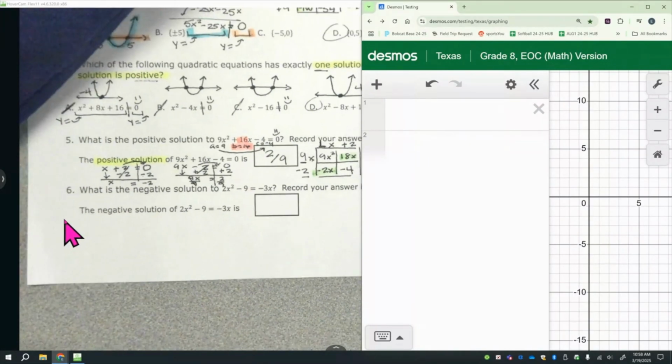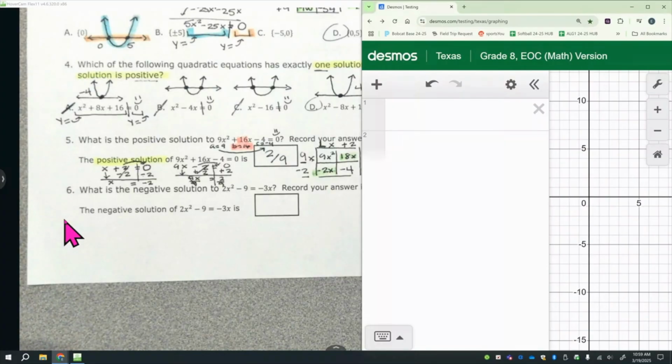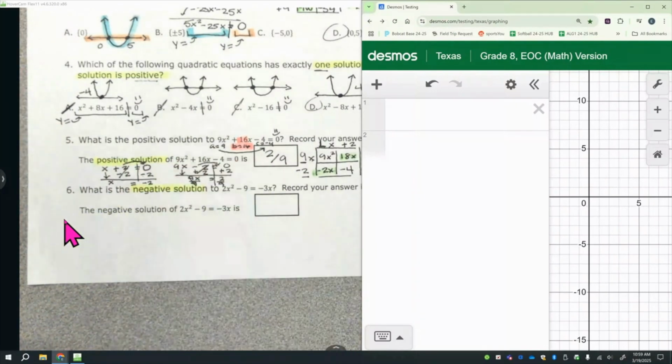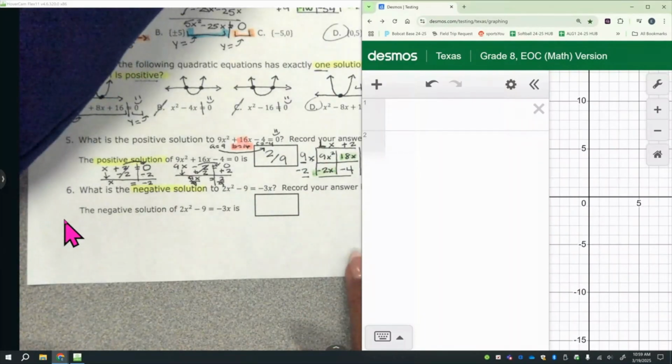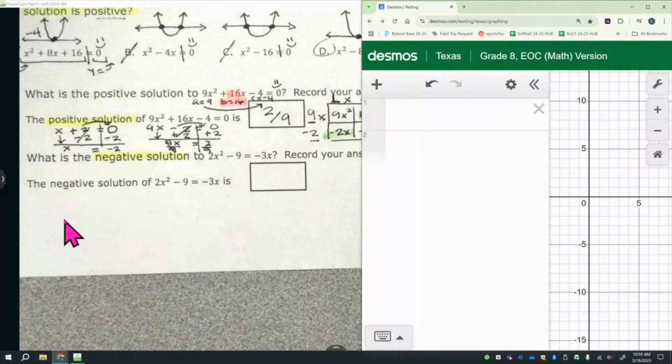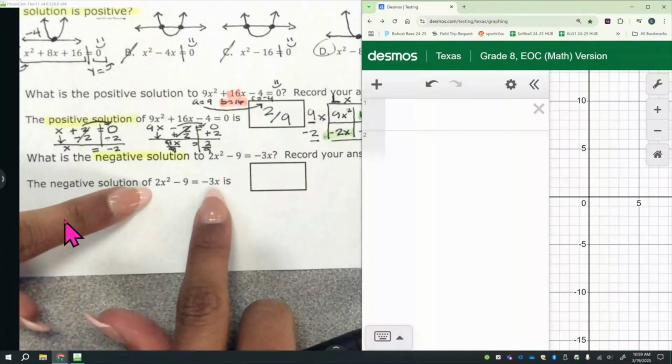Last question for page 1, number 6, says what is the negative solution? So we're going to highlight this. What is the negative? Okay, like I've said before, we're going to try to do the shortcut way if possible to avoid wasting time and doing the box. So let's see, is this ready for the shortcut way?